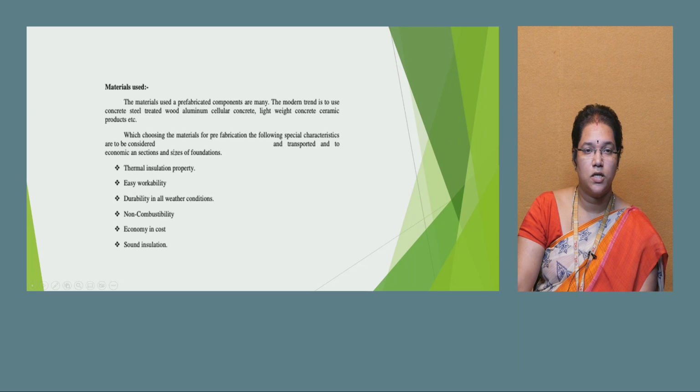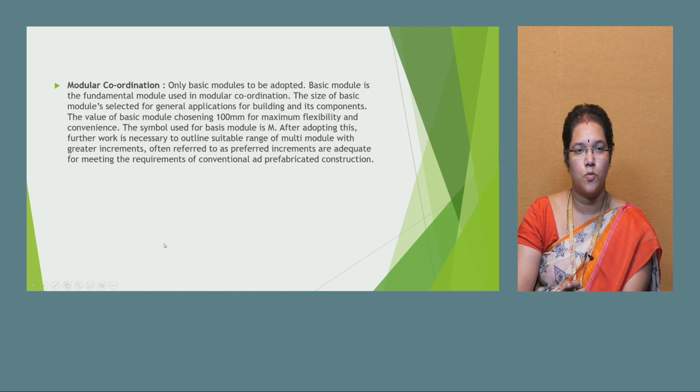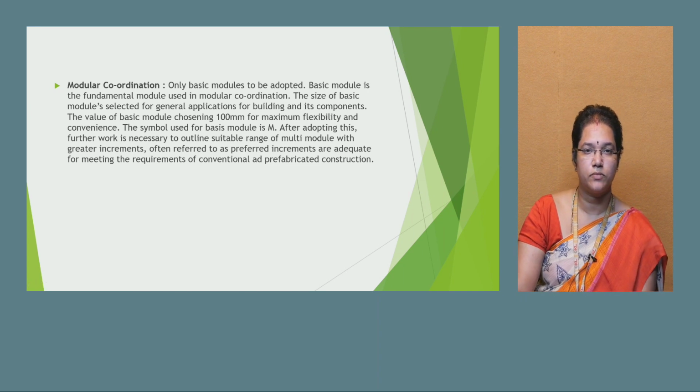While choosing materials for prefabrication, the following special characteristics are to be considered, and transported in an economic way: thermal insulation property, easy workability, durability in all weather conditions, non-combustibility, economy in cost, and sound insulation, whether these are there or not. Next is modular coordination. What is modular coordination?